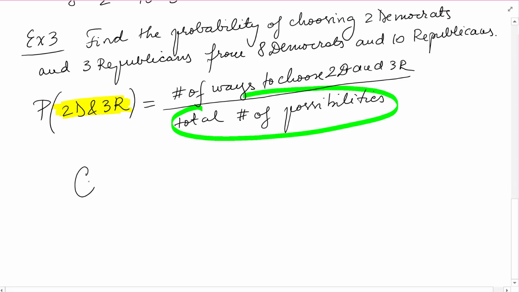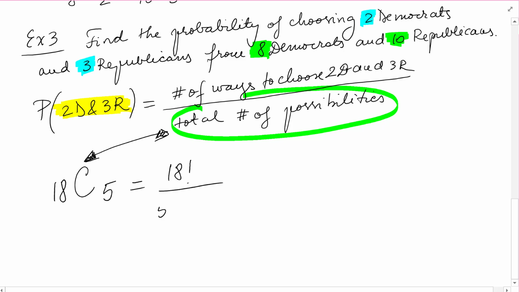How many people do we have in total? We have 8 Democrats and 10 Republicans, which makes 18. And how many do we want to take? 2 Democrats and 3 Republicans, so 5. The denominator is the combination of 18 taken 5 times, which is 18 factorial over 5 factorial times 13 factorial, because it's 18 minus 5.